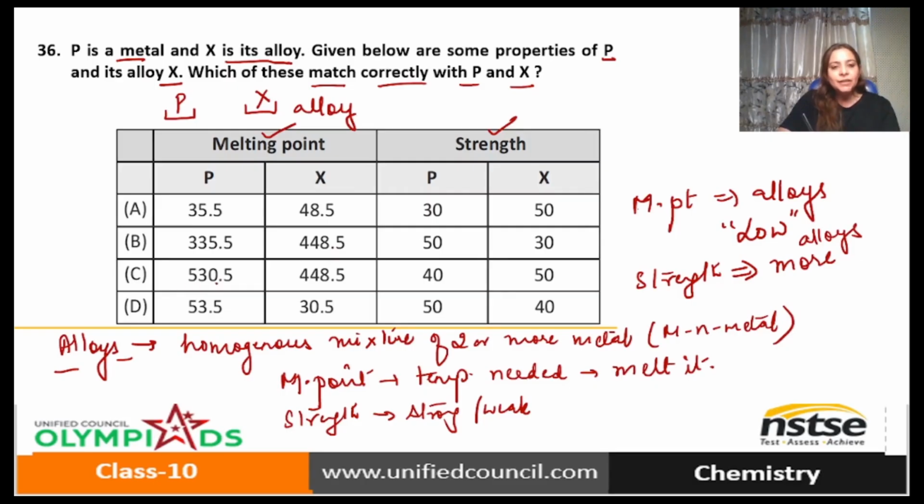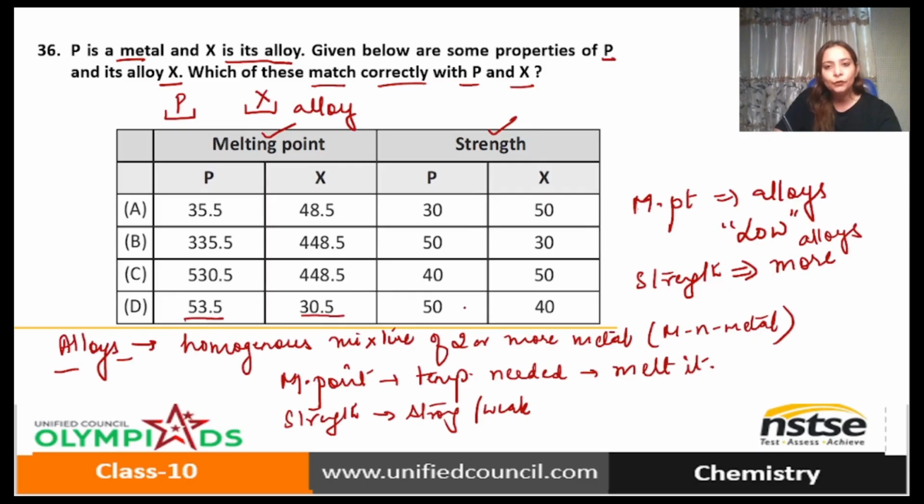C says 530.5 and 448.5 and D says 53.5 and 30.5. So we know that in case of melting point, alloys have low melting point. So that means here you can see that alloy has got low melting point in comparison to the metal.